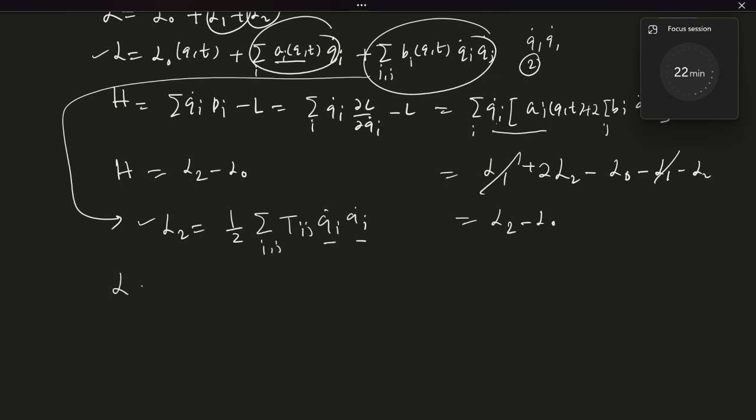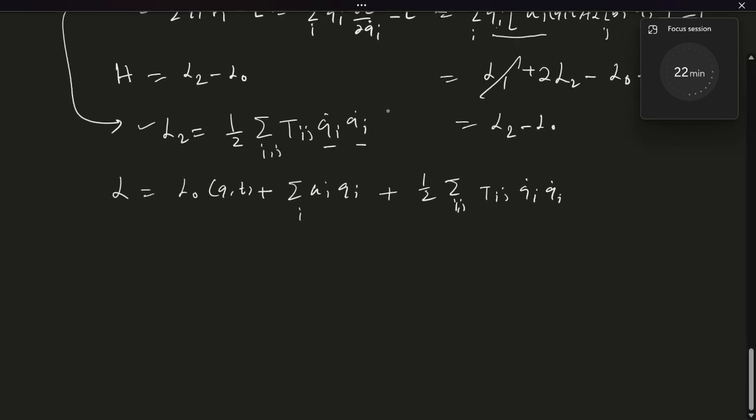Now your L equals what? L0, which is a function of q and t, plus summation over a_i q_i, plus half times summation over i, j of T_ij q_i dot q_j dot. This is a multiplication. Let's say i and j are going from 1 to 2, meaning there are only two generalized coordinates.